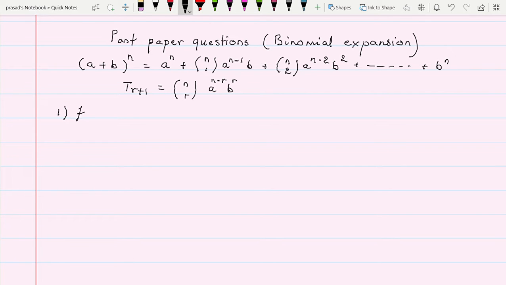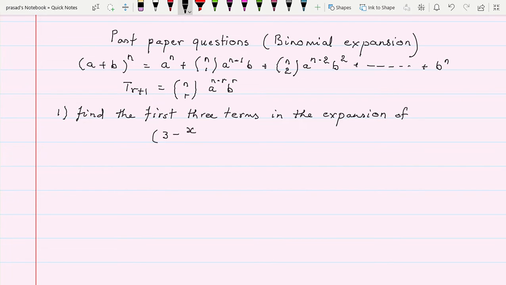Find the first three terms in the expansion of 3 minus x upon 4 to power 7.